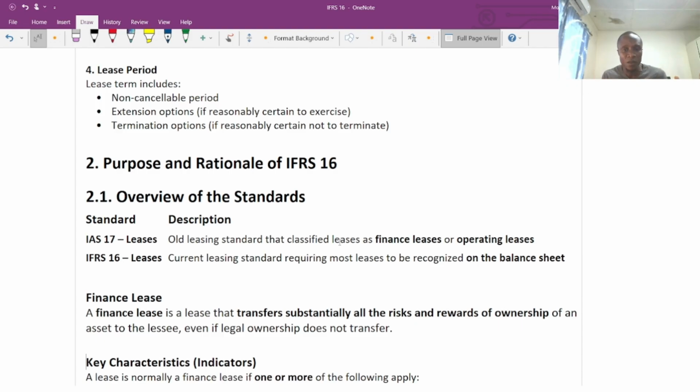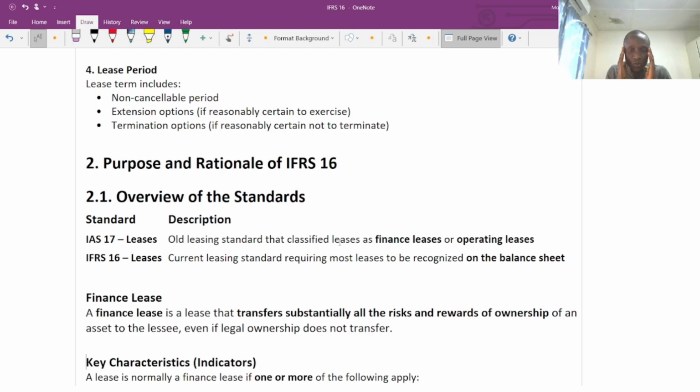Now, in a later session, we are going to look at the problem of classifying all lease transactions into finance lease or operating lease. According to IFRS 16, the current leasing standard requires most leases to be recognized on the balance sheet. We are going to understand that statement as well.